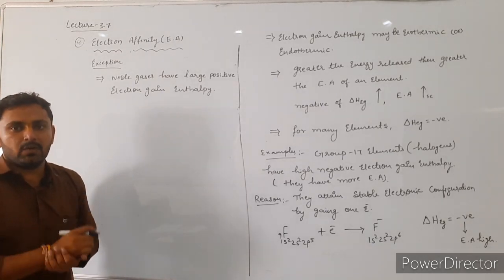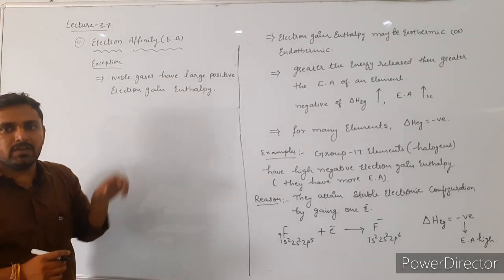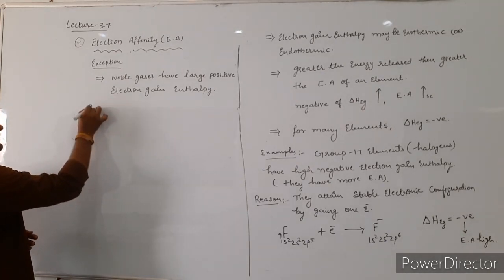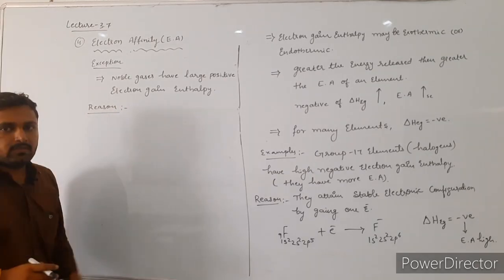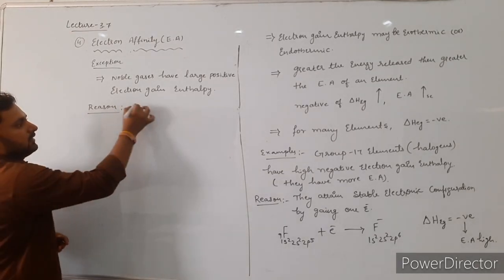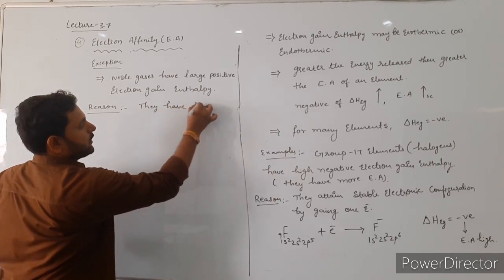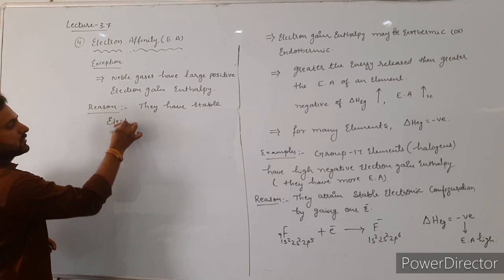Because of stable electronic configuration, a noble gas element will not accept extra incoming electrons. The reason is they have stable electronic configuration.